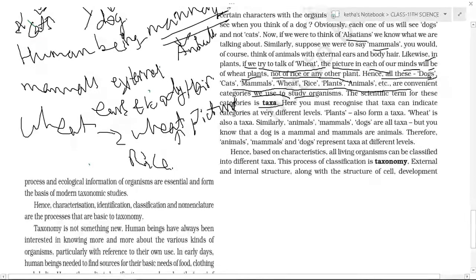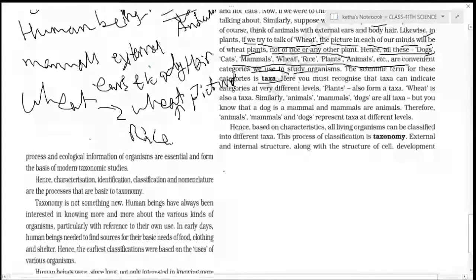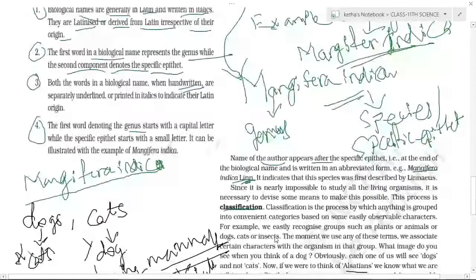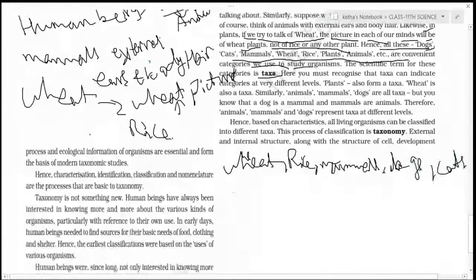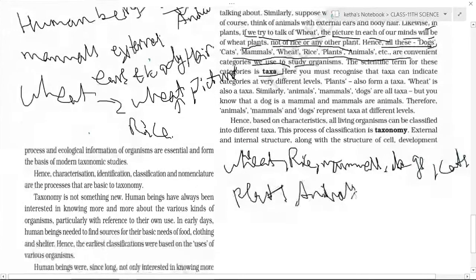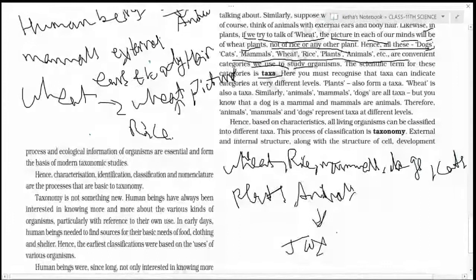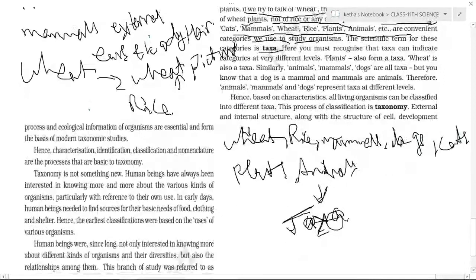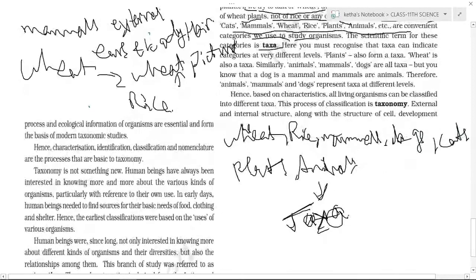So mammals, wheat, rice, dogs, cats, plants, animals, all these come under taxa. Here you must recognize that taxa can indicate categories at very different levels.